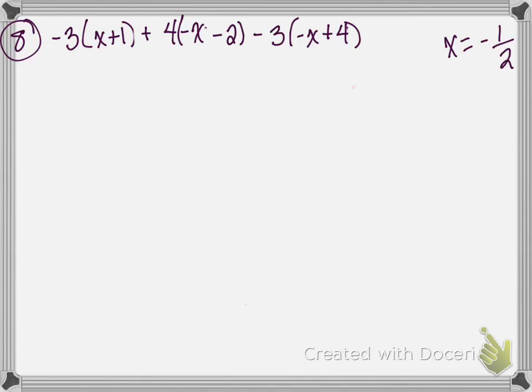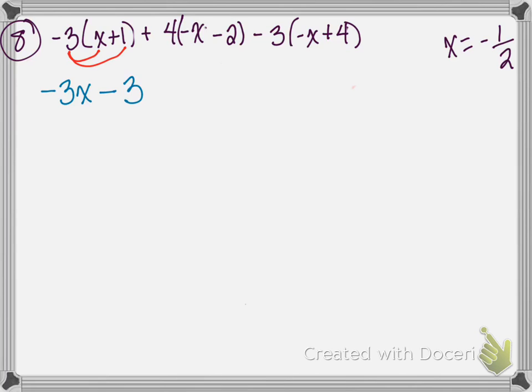And that is what I would encourage you to do on Friday with the prep assessment. Simplify it first, then plug in that negative. Okay? So here, I'm going to ignore that x equals negative 1/2. I'm just going to ignore it. I'm going to do negative 3 times x and negative 3 times 1. So I get negative 3x minus 3.